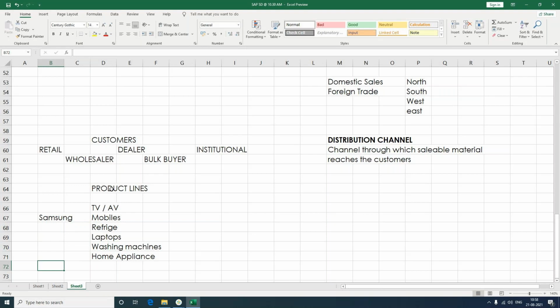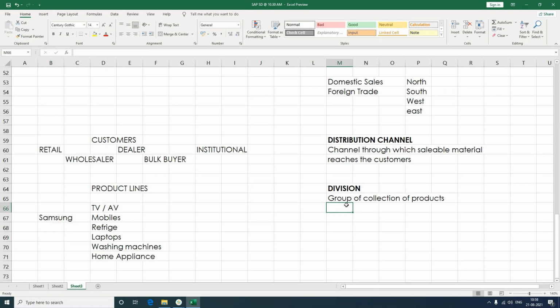So these product lines are what in SAP terms we are going to call a division over here. Map it as division. This division is nothing but a group or collection of products.